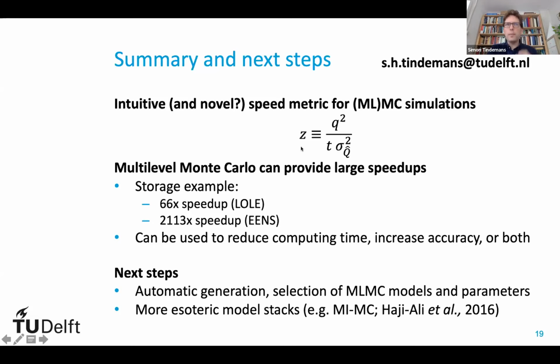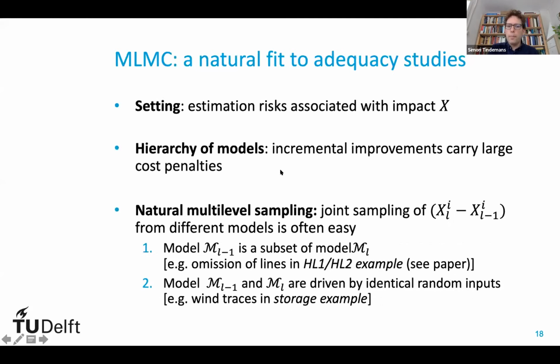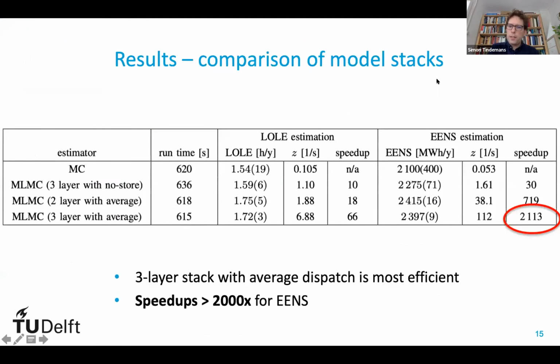It's a little bit more complicated than that. Basically, it is the time in seconds you need to achieve a certain coefficient of variance. That's how it's normalized. And it's nice because it allows you to compare speed metrics also across different quantities.